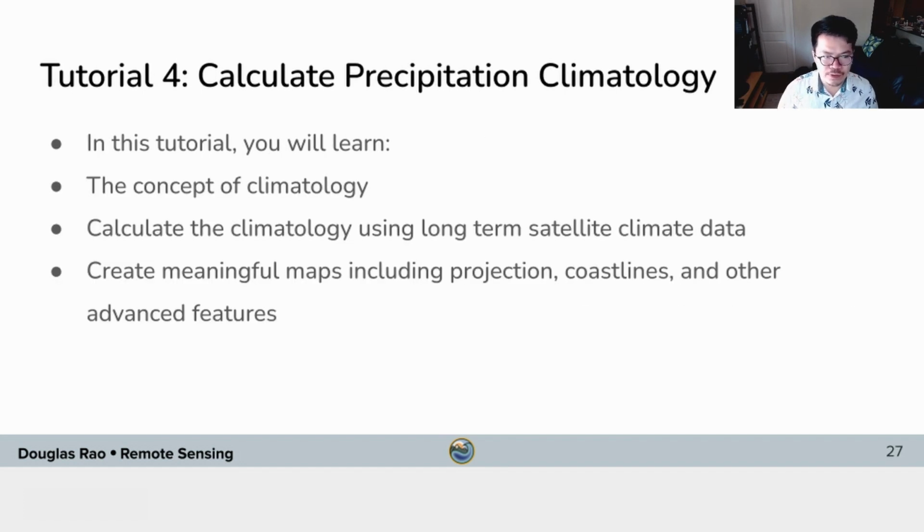In this tutorial, we will learn how to use the Global Precipitation Climatology Project monthly precipitation data as an example to calculate 30-year climatology using satellite CDR data. This tutorial will also help you create meaningful maps, including proper projections and adding coastlines and other advanced features to make the map publication quality.